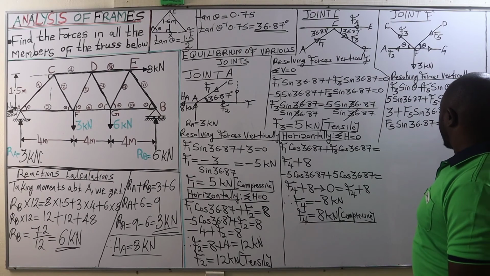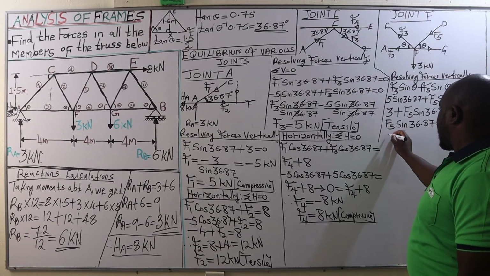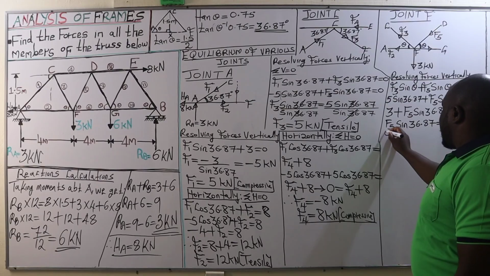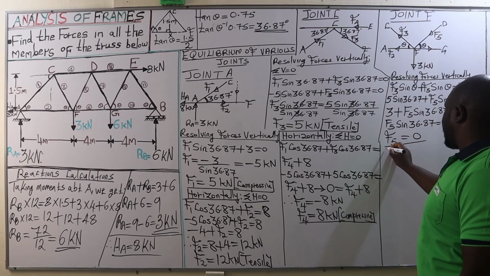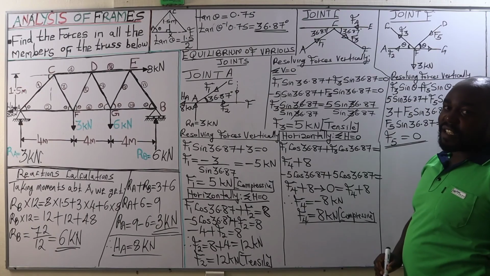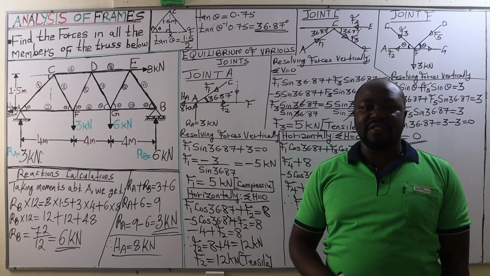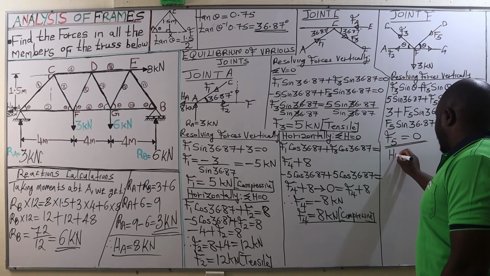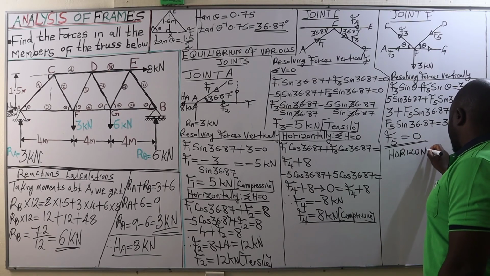And therefore, 0 divided by sine 36.87, definitely that is 0. That makes the value of the force F5 equal to 0. Therefore, F5 is equal to 0. Good. After resolving the forces vertically, we are going to resolve the forces horizontally.